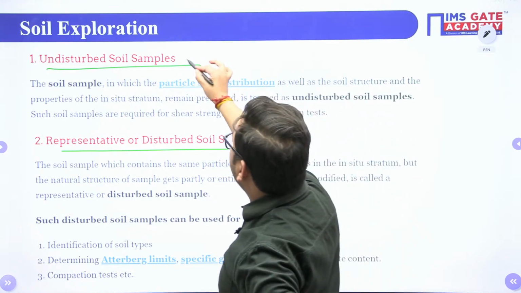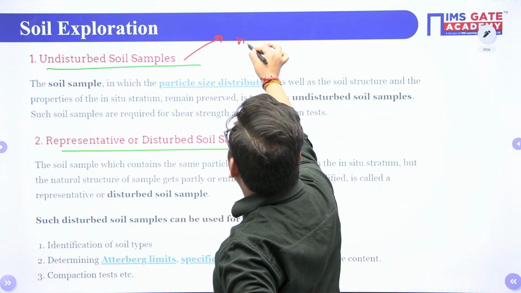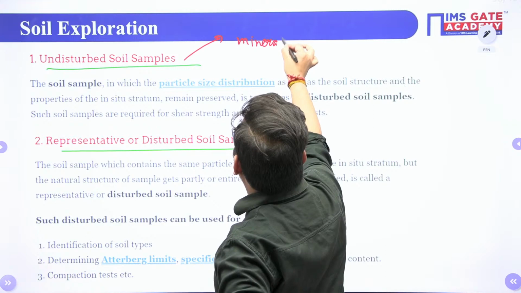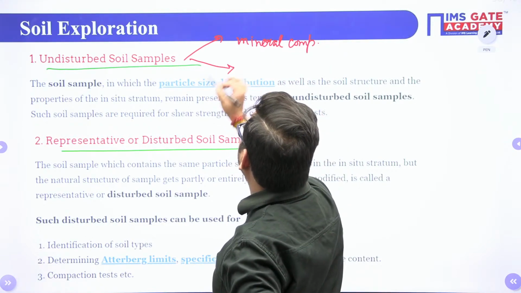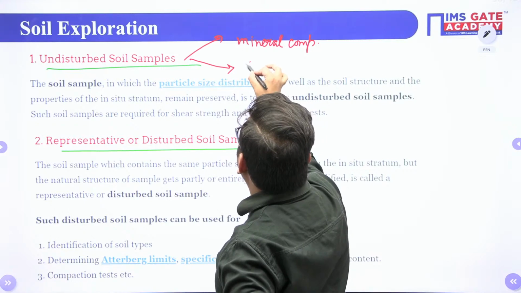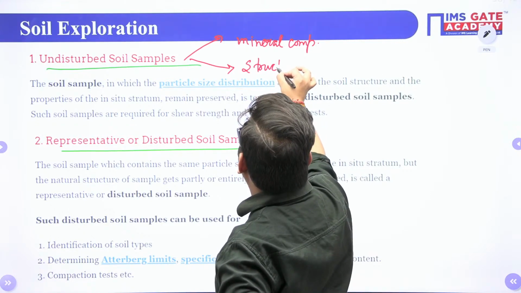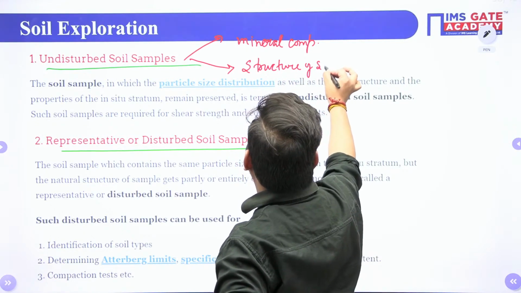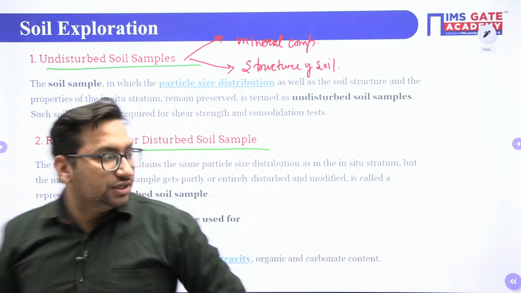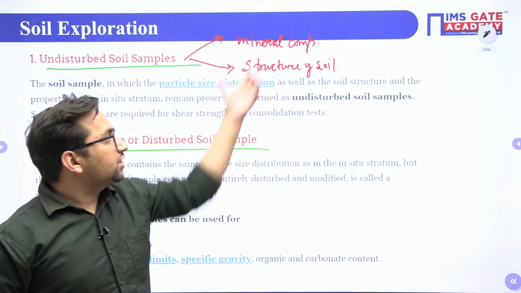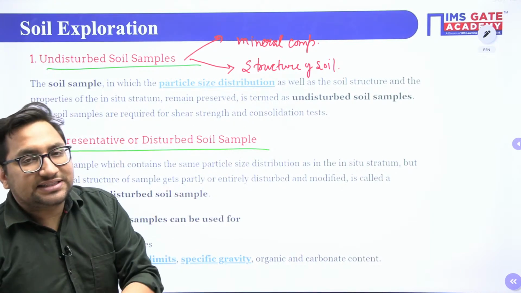In an undisturbed sample, your mineral composition and structure of soil are conserved, right? It means there is no change in the structure of the soil, and no change in mineral composition while taking the sample.